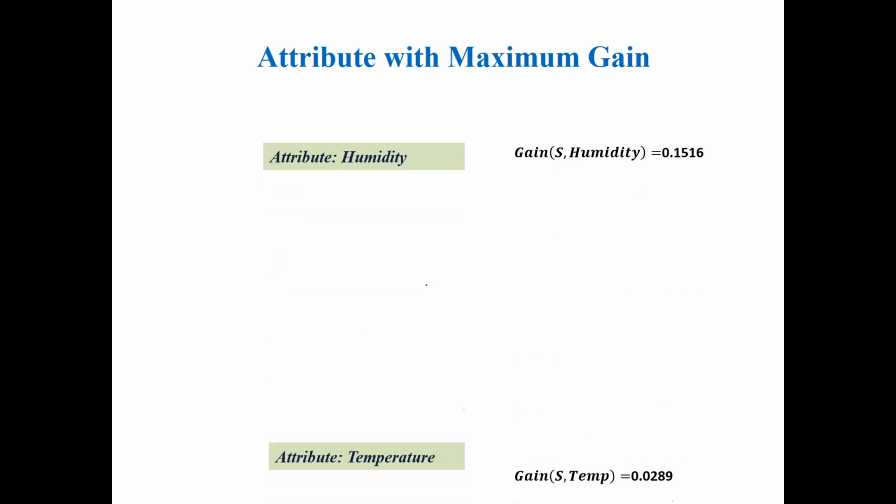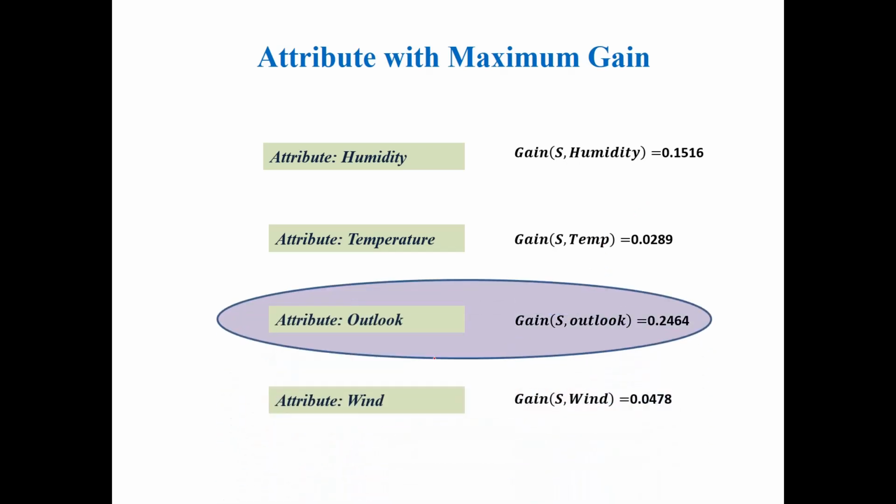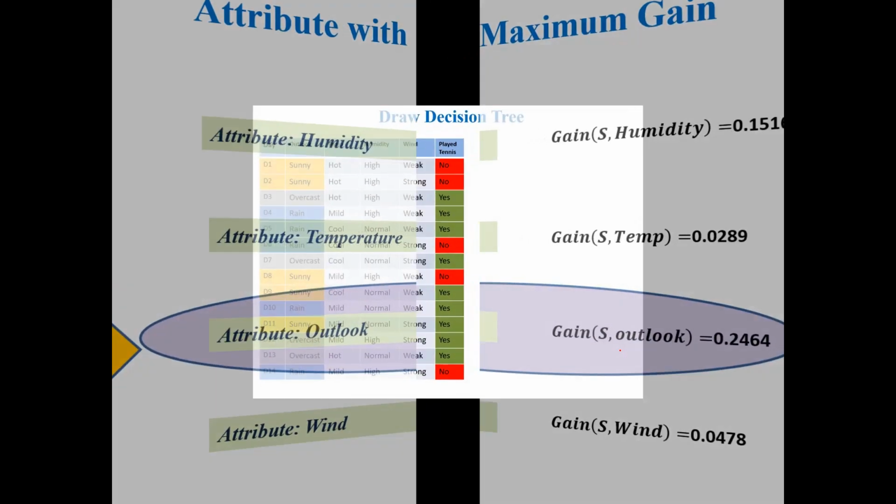So now out of these four attributes, we have to find the attribute with the maximum gain. So we will compare all four attributes' information gain, and what we find is that the outlook attribute has got the maximum information gain, and that we will consider as our parent node or root node to start with the decision tree.